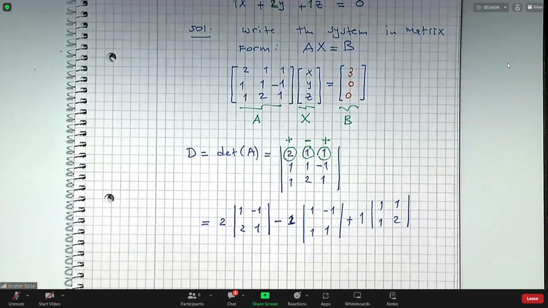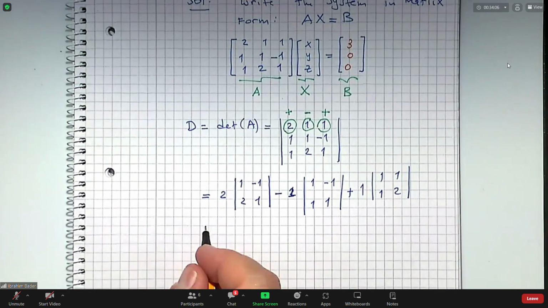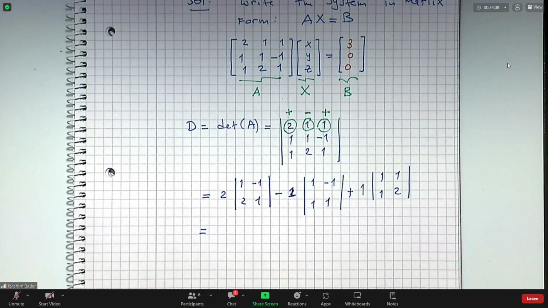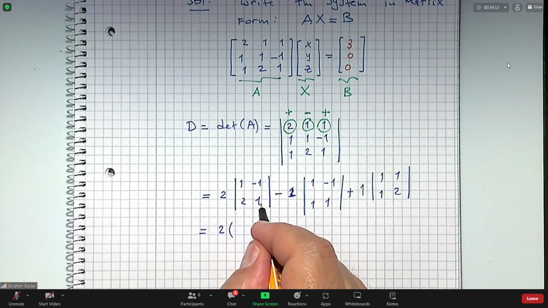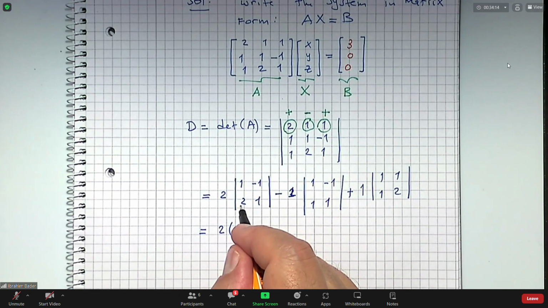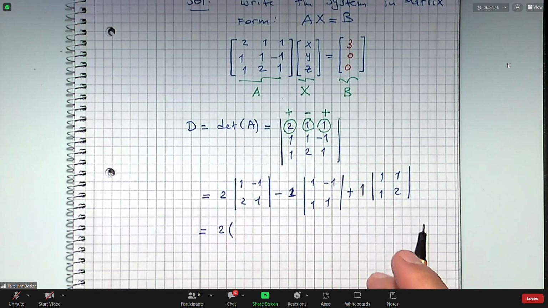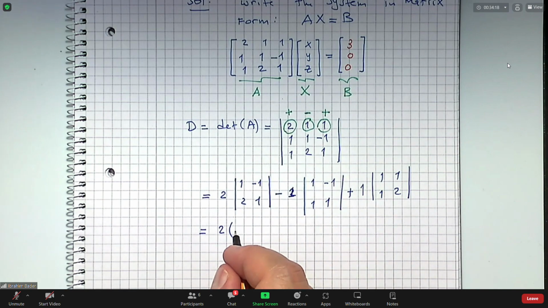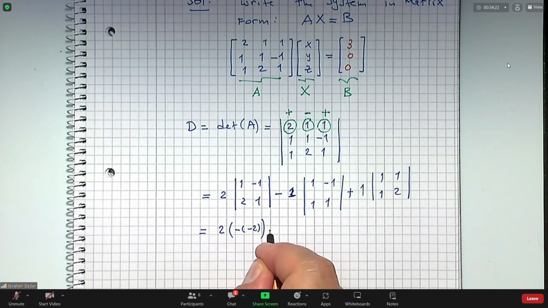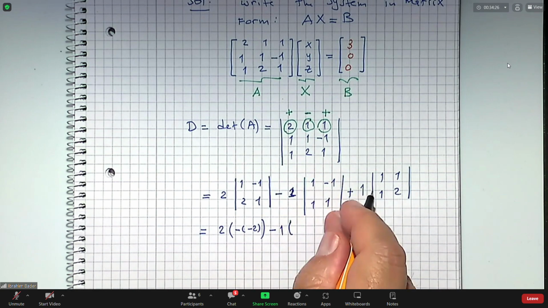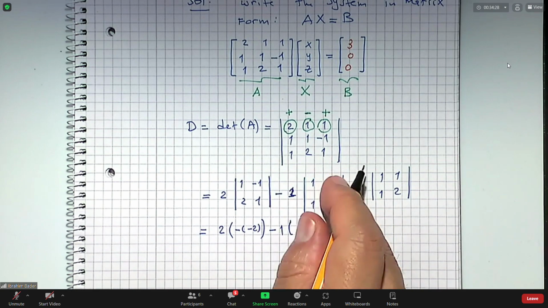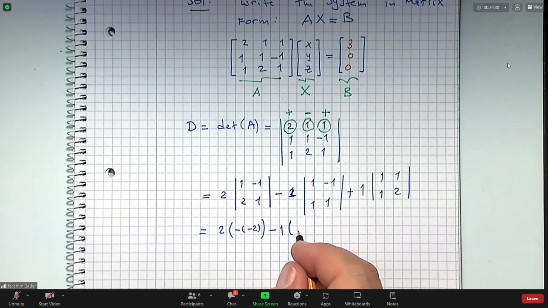Now I know how to evaluate this 2 by 2 determinant. So this one simply is going to be 2 times 1 times 1 minus 1 minus 2. So here it will be negative 2. Here minus 1 times, here I have 1 minus 1 is 2.